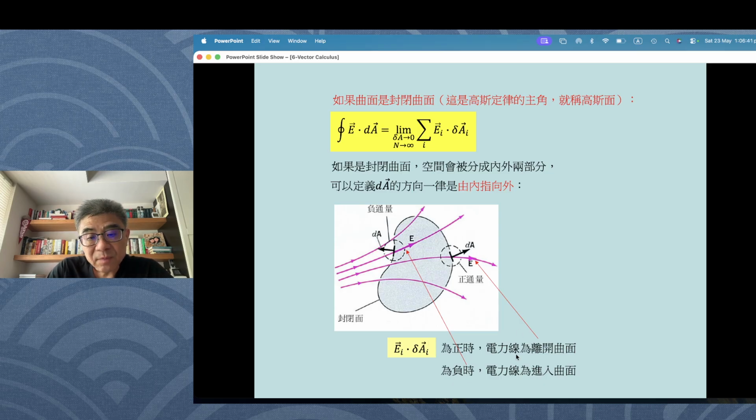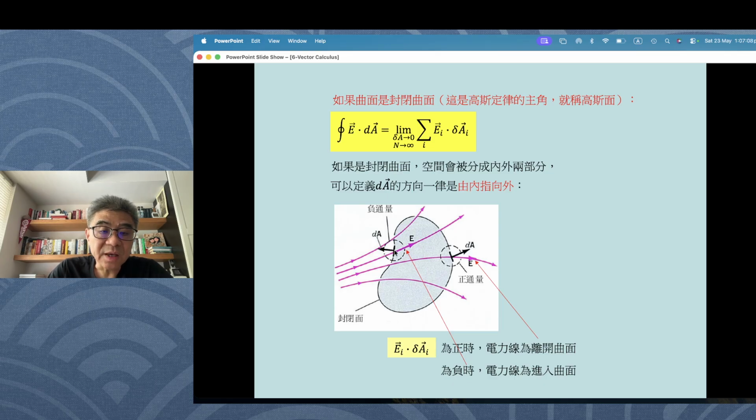If the electric line is flowing in the direction of dA, that means it is flowing from inside to the outside. Okay, so the contribution to the electric flux will be positive if the electric field line is flowing from inside to outside. I would say it is leaving this closed surface.